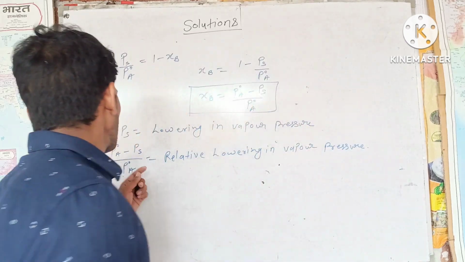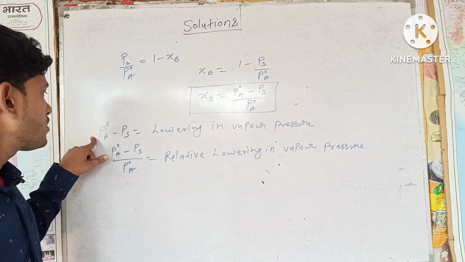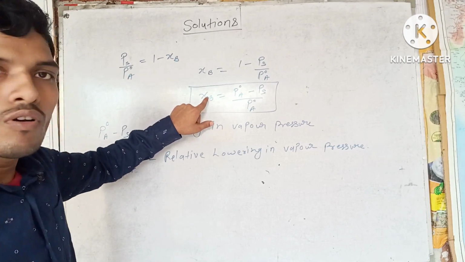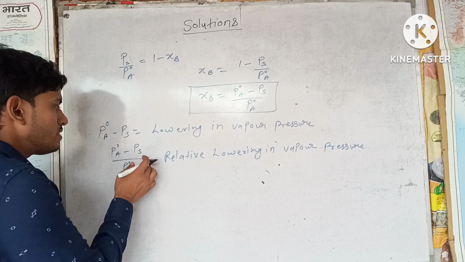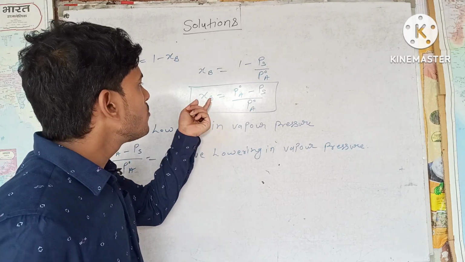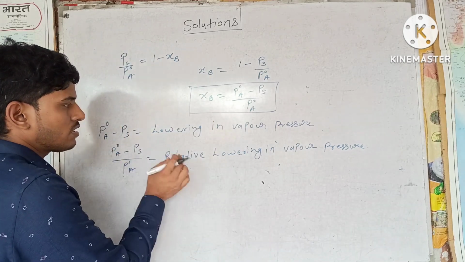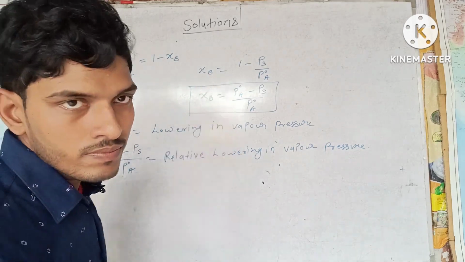Okay, so this particular term is a colligative property, not this one, because this one does not depend only on the mole fraction of the particular solute molecule. But this particular term depends upon the number of moles or the mole fraction of solute molecule. So this is the colligative property, relative lowering in vapor pressure. Okay, so note it down.